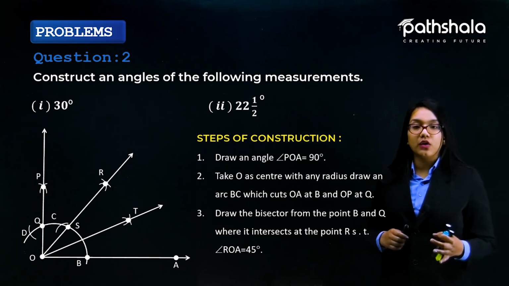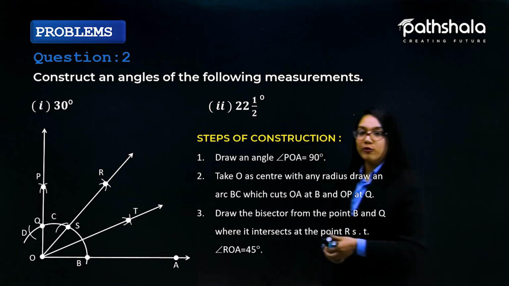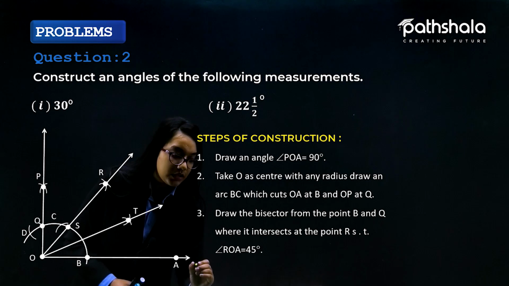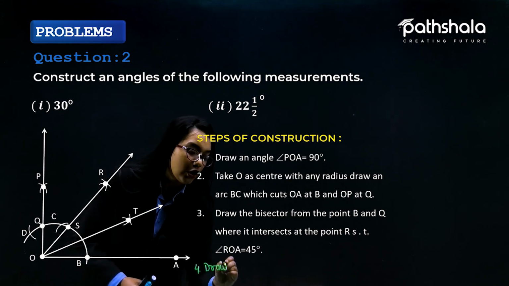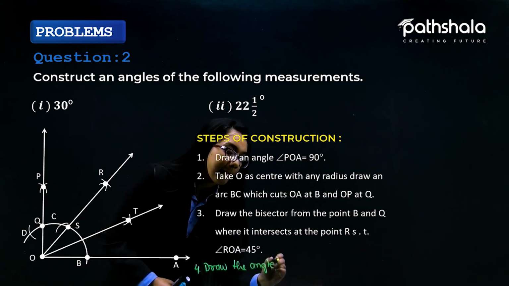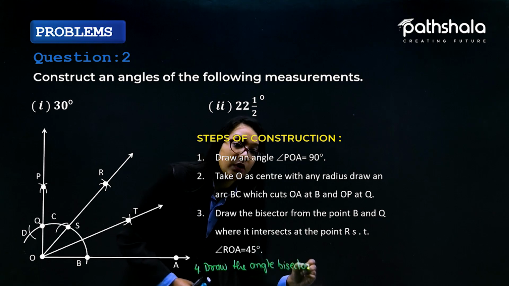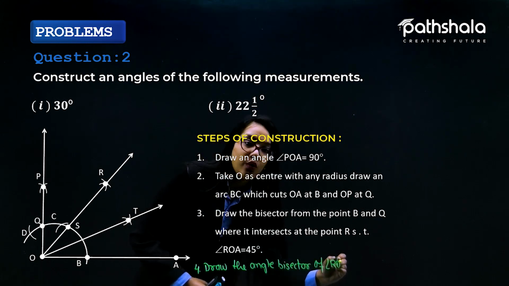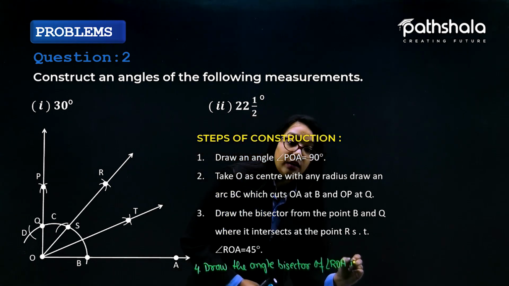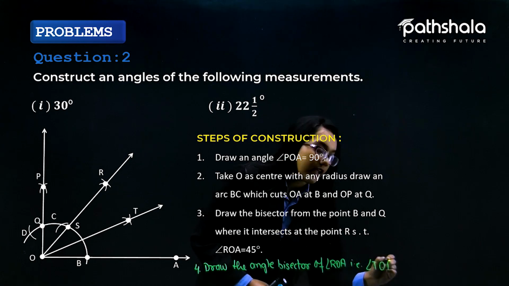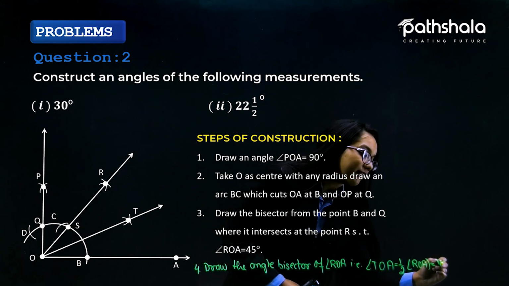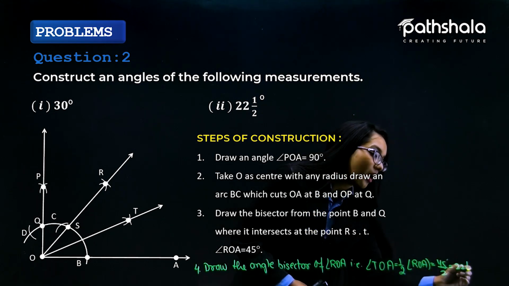Now the fourth step would be to construct the angle bisector again. Draw the angle bisector of angle ROA, that is angle TOA, which would be equal to half of the angle ROA, which is equal to 45 by 2, which is 22 and a half degrees.